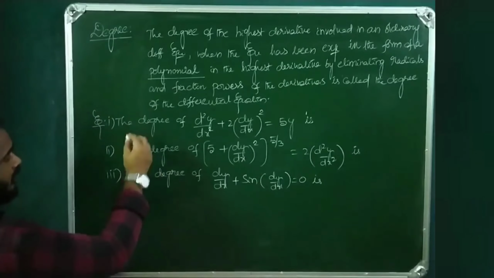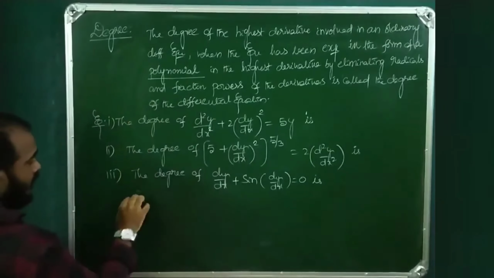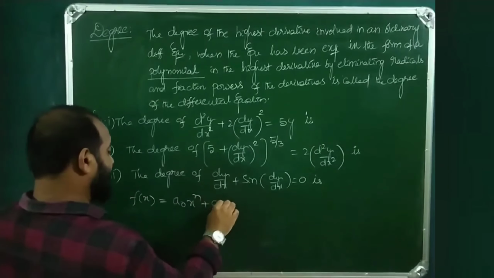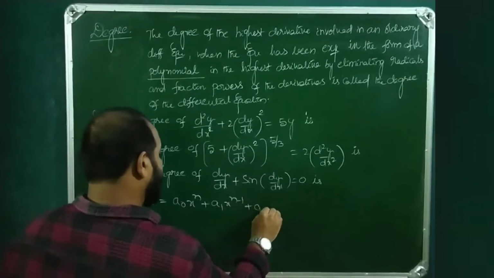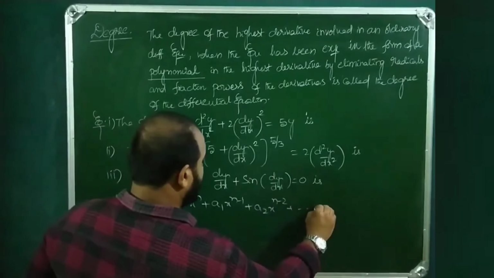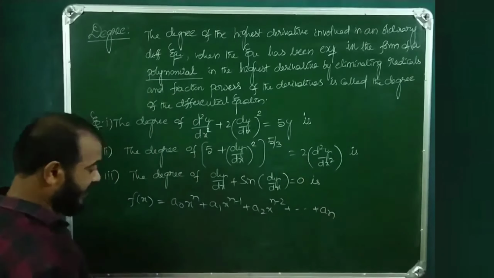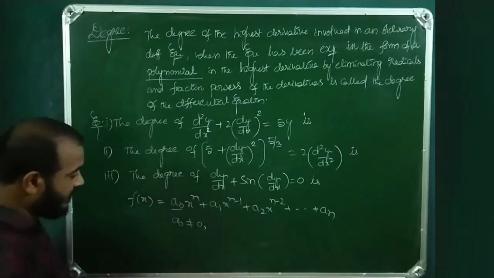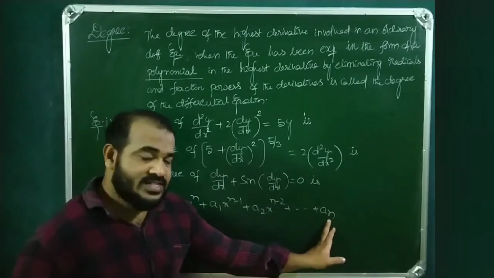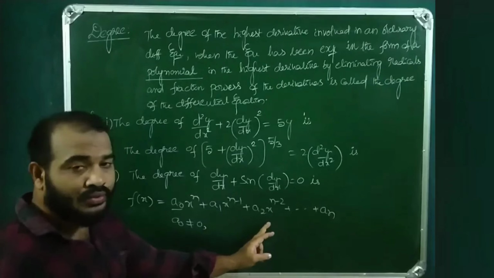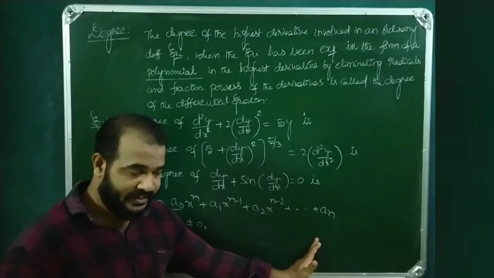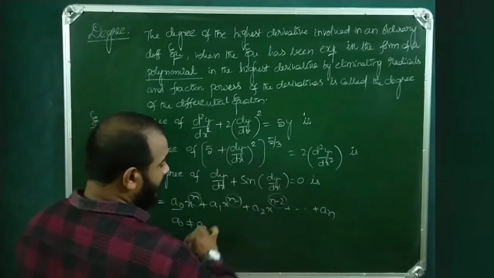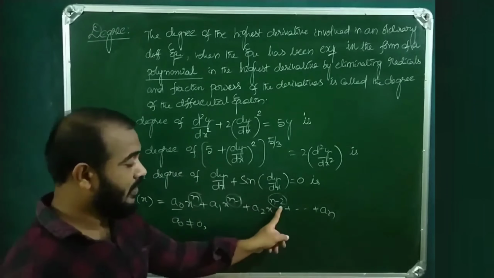The polynomial is of the form f of x equals a0 x power n plus a1 x power n minus 1 plus a2 x power n minus 2 etc. plus an, where a0 is not equal to 0 and an is said to be a constant, and a0, a1, a2 etc. are said to be coefficients, with the powers n, n minus 1, n minus 2.